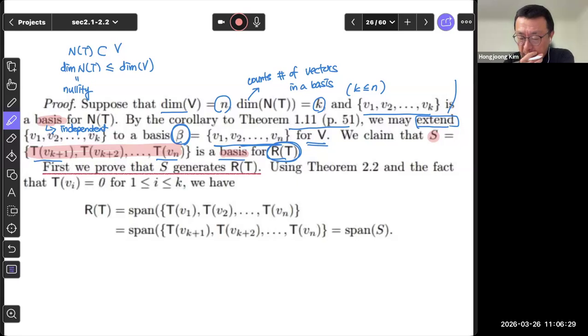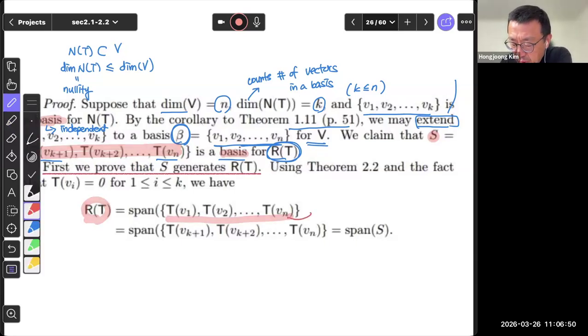because the range of T is, okay, beta is a basis, so T of beta will generate the range. So the range is generated by the span of T of beta. So this is T of beta, right? That's what I just mentioned. Now, in this T of beta, T of v1 is 0 because v1 is a vector in the null space. v2 is also mapped to 0.